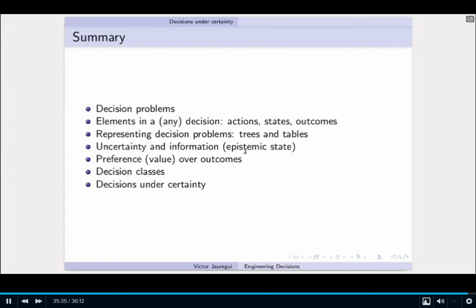Then we went on to talk about decision classes, and we looked at the first and simplest decision class, which is the class of decision problems in which there is no uncertainty. In other words, decisions under certainty, where the actions directly determine the outcomes, and therefore once we know our preferences over outcomes, we can translate that into preferences over our actions.